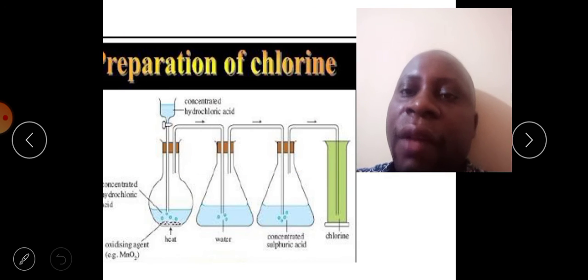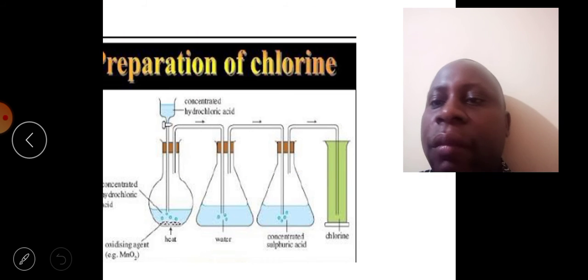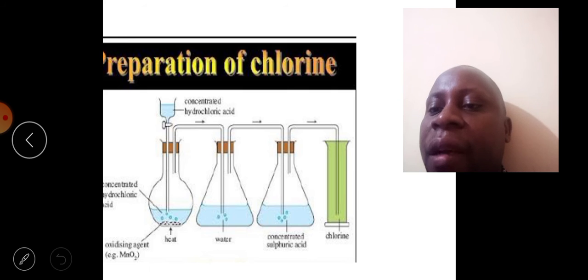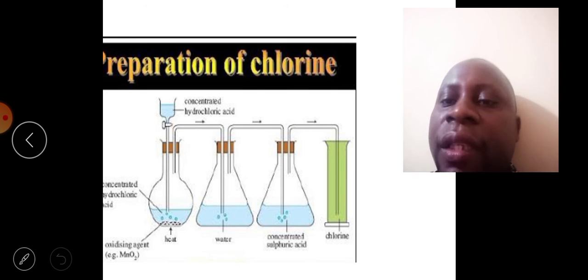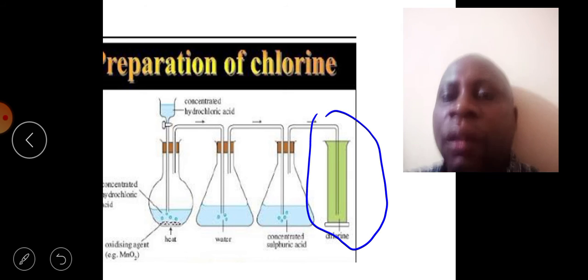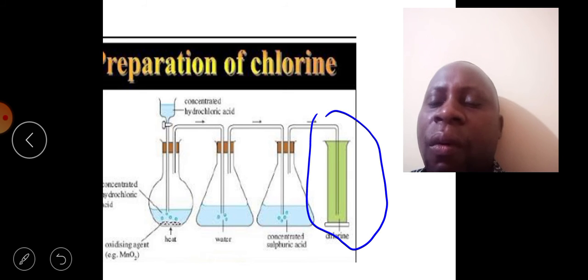Now, we have another diagram here. Now, we are using the oxidizing agent manganese 4 oxide. We have said if you're using manganese 4 oxide, we must heat. Okay? So, the focus here is on this particular gas jar. What is the color of chlorine gas?